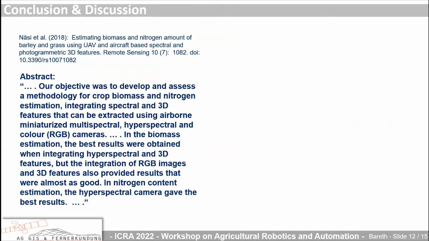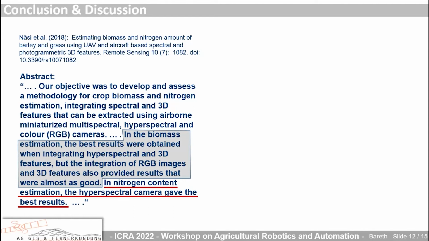Conclusions we see in the literature from, for example, other groups estimating biomass and nitrogen in barley or also in grassland: they investigated several features like mean crop height, 90th percentile, or maximum crop height, and for biomass these 3D features are the most important for the analysis.